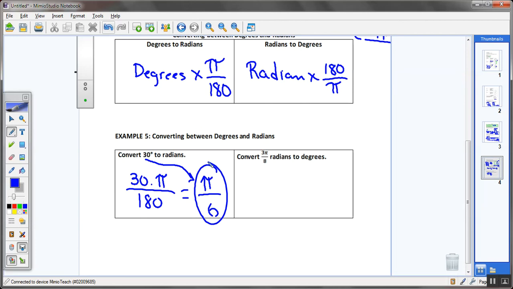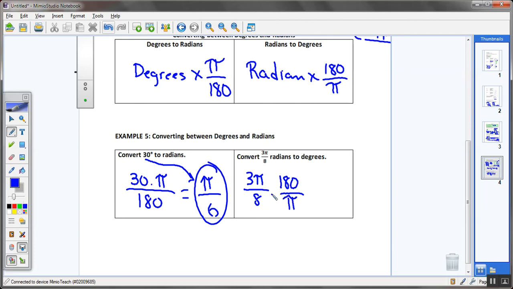All right, so let's do the opposite. Let's convert radians to what? Degrees. So if I'm going from radians to degrees, we take the radian measure times what? 180 over pi. Okay, so how many radians are we starting with here, kids? 3 pi over 8. We're going to take that times 180 over pi.